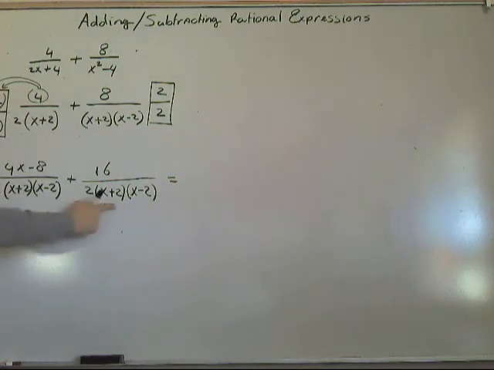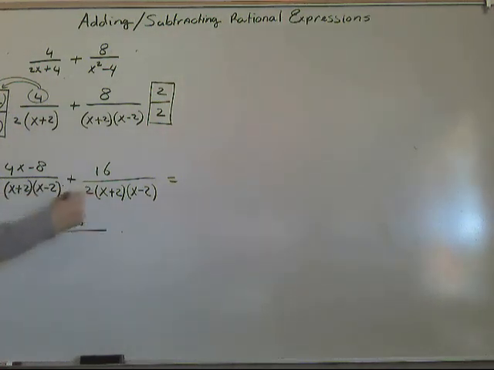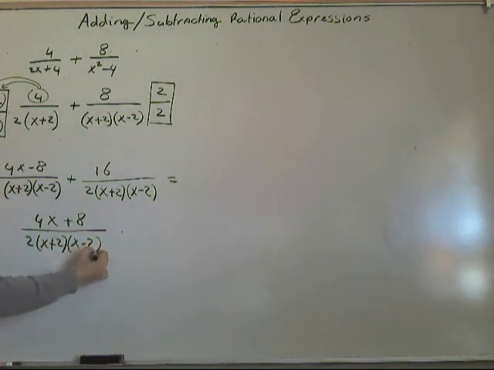And now we have common denominators, so we can add the numerators together. You get 4x - 8 + 16, so -8 plus 16 makes 8. So we get 4x + 8, all over the denominator of 2 times (x + 2)(x - 2).